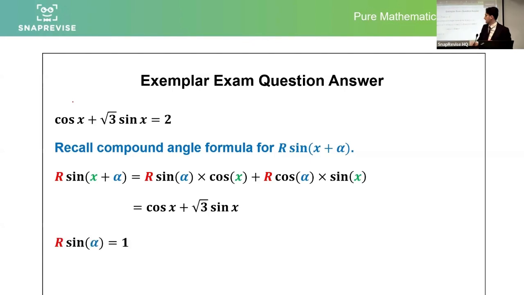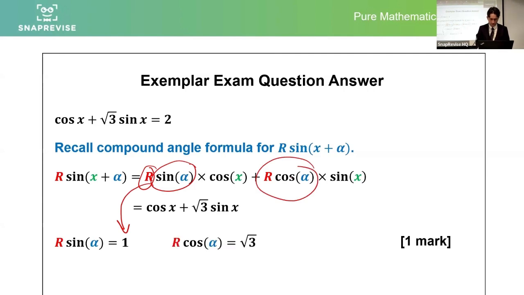So r sine alpha, which are the bits that go with cos x, must be equal to 1, and r cos alpha must be equal to √3. Once we've got that set up, we can then, of course, go on and find r and find alpha.